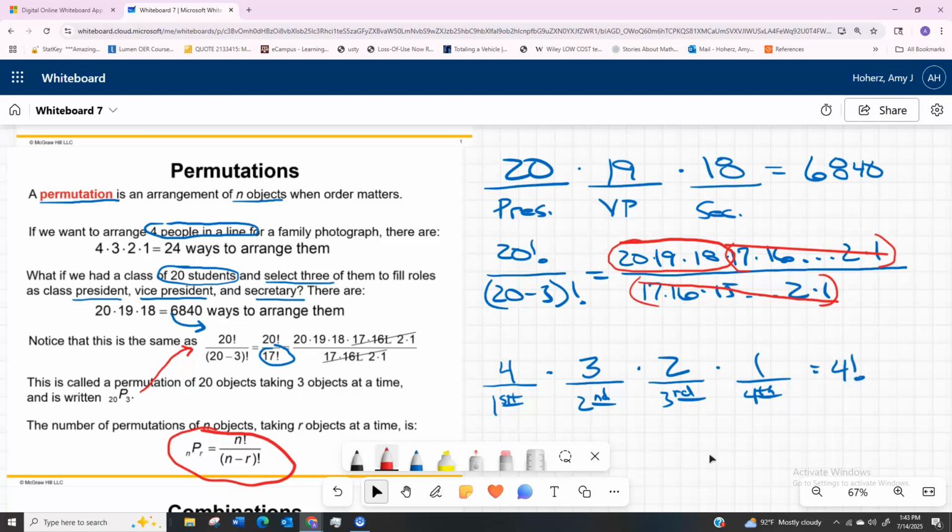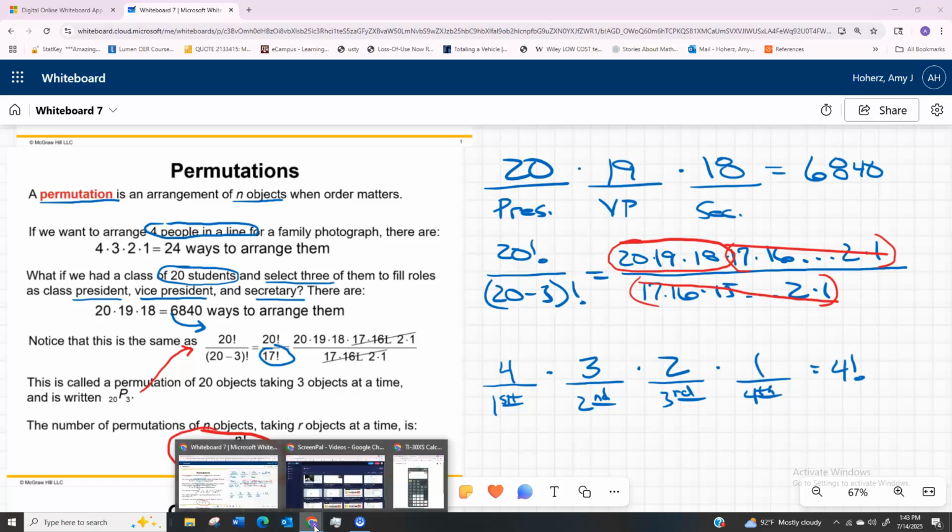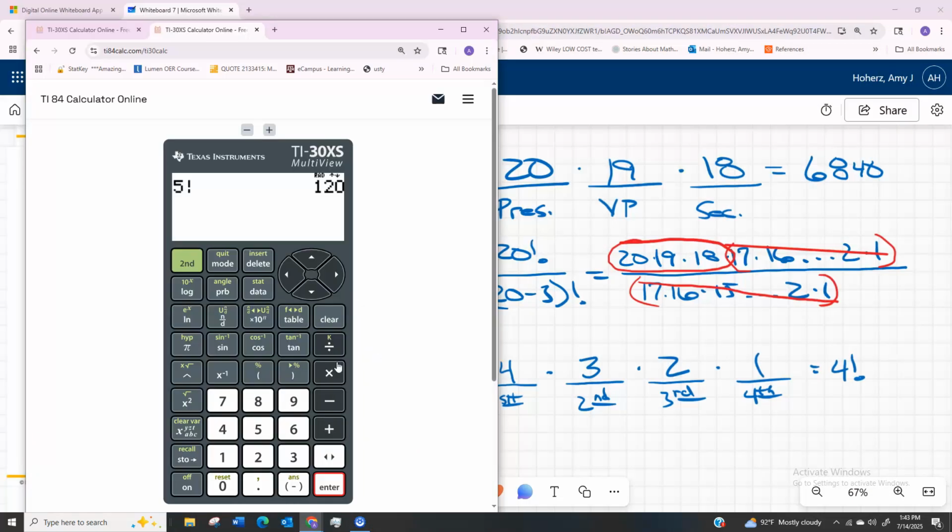Now, I'm going to show you how to do this on the calculator, because I want you to understand where it came from, but in practice, you are welcome for this calculation to just do it on your calculator. Okay, so your calculator will do a permutation. You may have noticed that there were a couple other things under the PRB button.